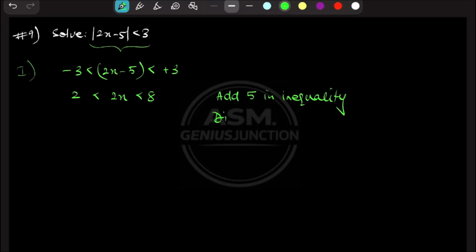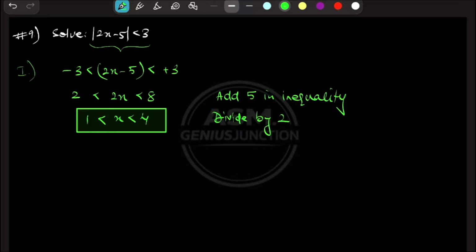Now I will divide the inequality by 2. When I divide the inequality by 2, I will get x less than 4 and greater than 1. And hence this is the final answer for the given question. I hope you all understood this. It's a very simple and effective way of solving a modulus inequality.